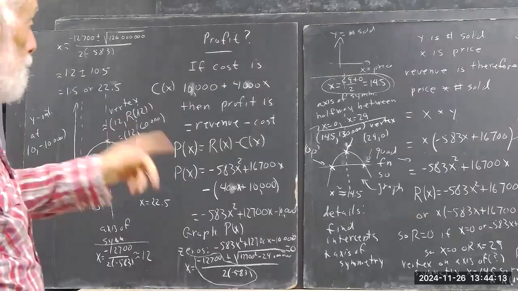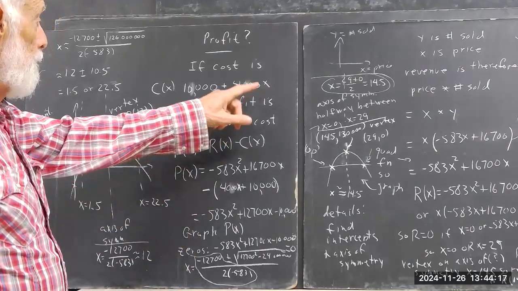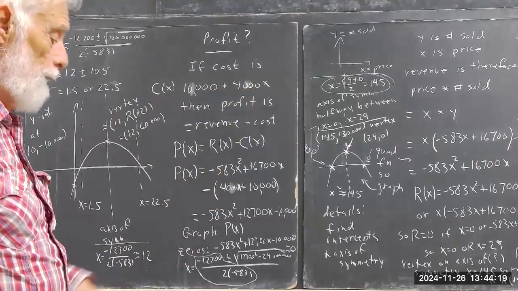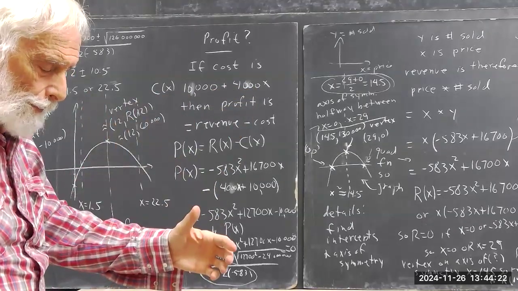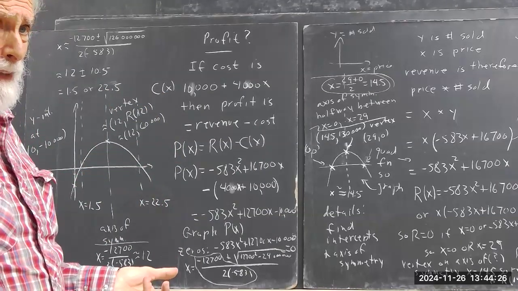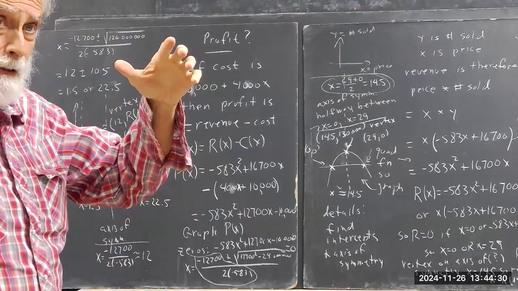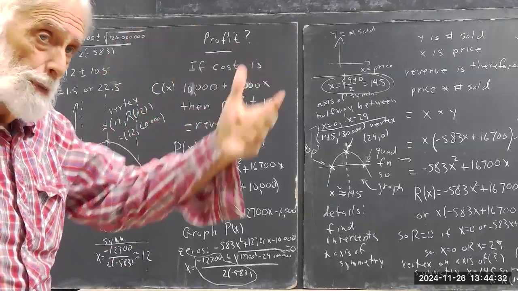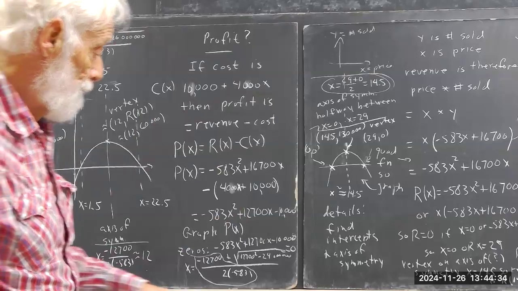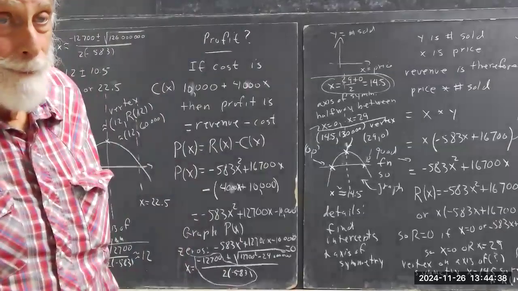If we subtract our cost from our revenue, 12 times 4,000 is 48,000, that's 58,000. Subtract 58,000 from 130,000, about 70,000. Whereas this says 60,000, but those numbers are fuzzy because we're estimating. Okay. They should come out consistent.